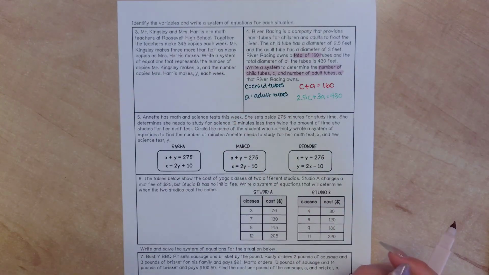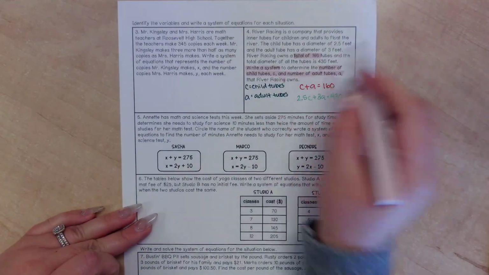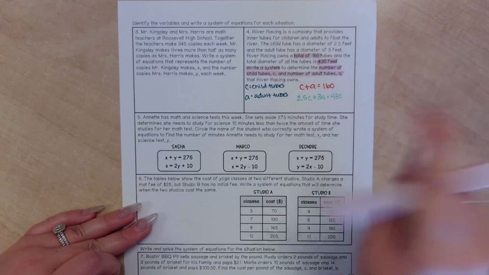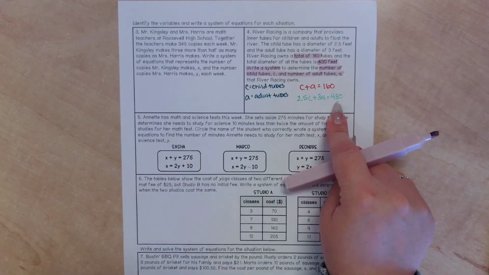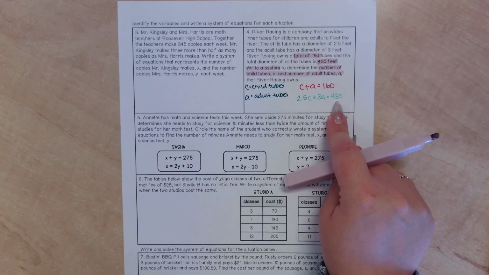And then the second one applied to the actual size of all the tubes, because notice it says all the tubes is 430 feet. So I know I'm looking at something pertaining to feet.